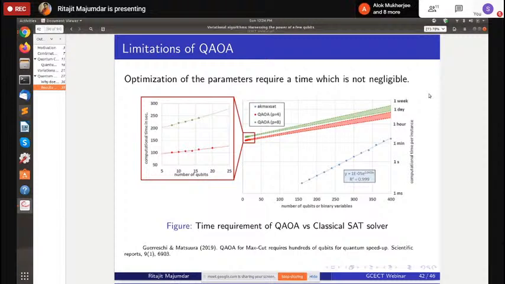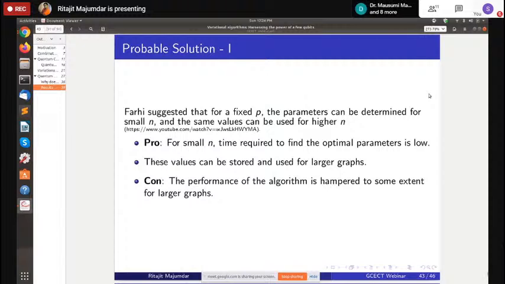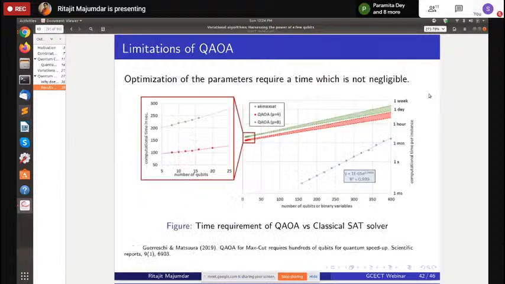But obviously there are some solutions that have been proposed here. The first is Farhi. Farhi actually came up with this QAOA algorithm. So he said that you take a small graph, you fix the number of iterations P, and you do an exhaustive search over that for the best parameters. When n is small, you can see here, the time requirement is small actually.